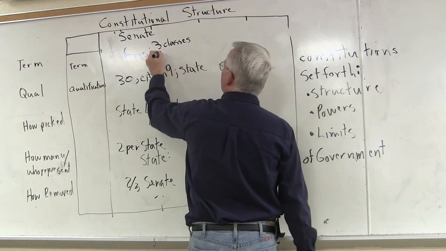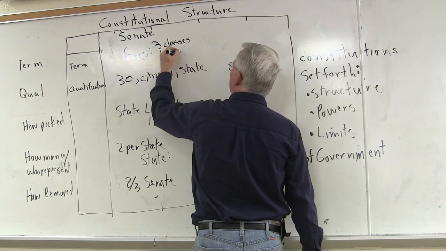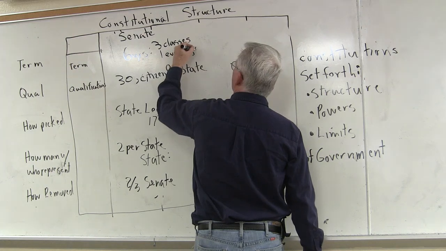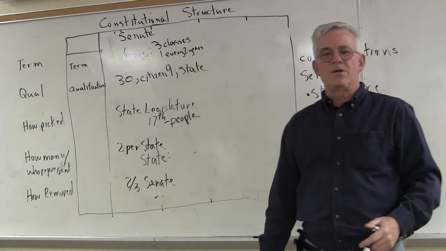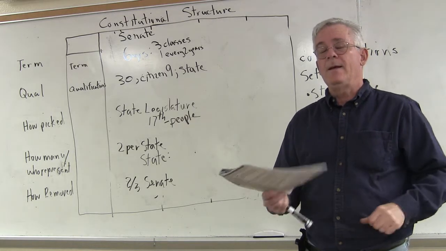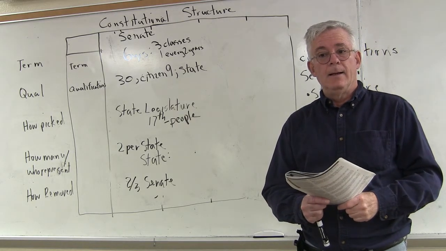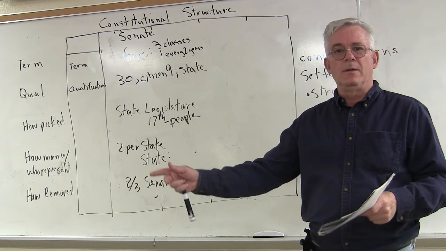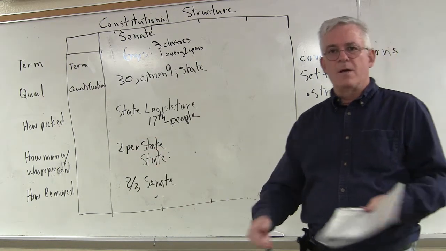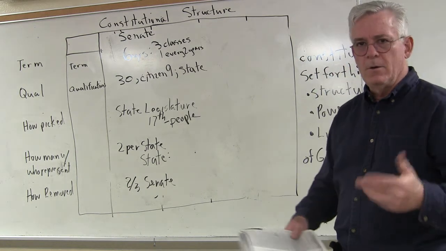And one is elected every 2 years. So how many senators are going to be elected in November 2020? Approximately 34.